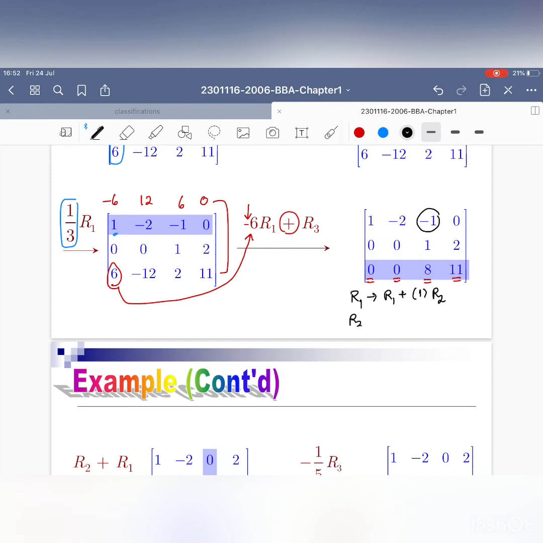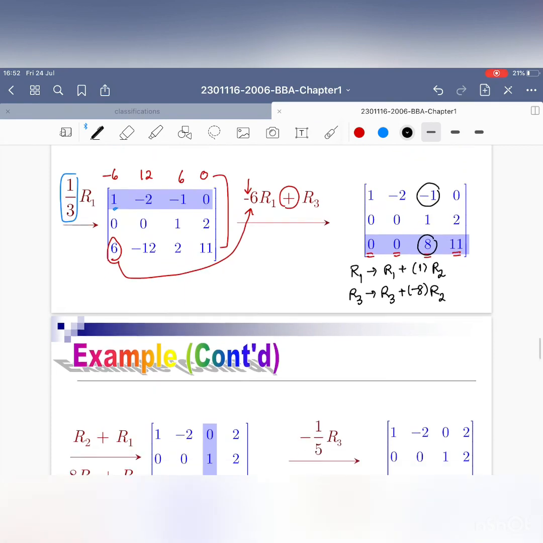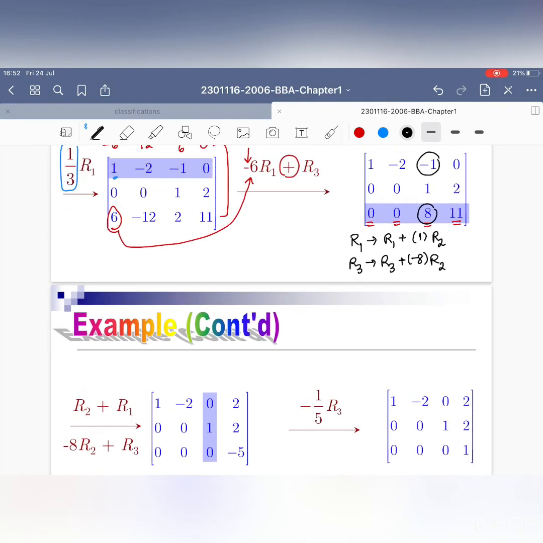And then your R3 can be changed by R3, using your R2 as a base, and then the opposite number of your 8, which is -8. So this is what we are going to do.